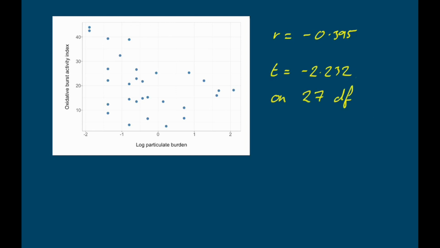Our test statistic is 2.232. We've got 27 degrees of freedom because it's n-2 degrees of freedom. And we can just ask R, what's the probability of getting a value as big as 2.232 or bigger if the null hypothesis were true on a t distribution with 27 degrees of freedom? And the answer is the probability is 0.034.